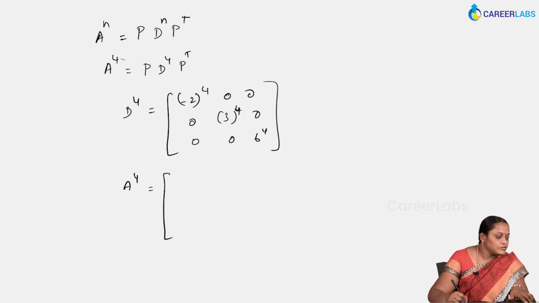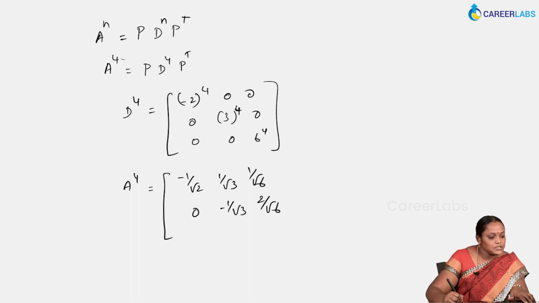After that you can find A power 4, as already we know the value of P. So P is nothing but 1 by root 2 with minus sign, 1 by root 3, 1 by root 6, and 0, minus 1 by root 3, 2 by root 6, then 1 by root 3, 1 by root 3 and 1 by root 6.